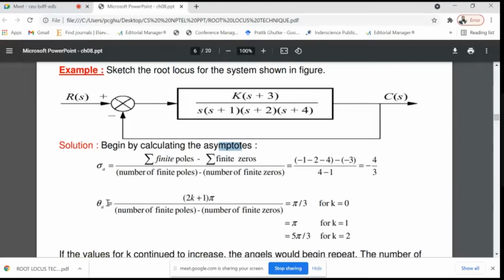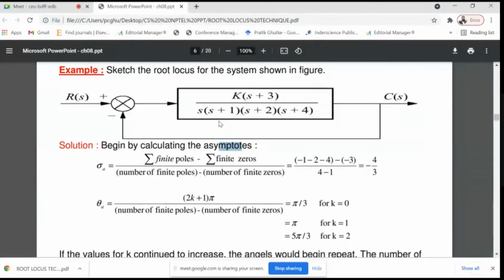How many angles of asymptote will there be, how many thetas, how can we define that? p minus z: the number of poles minus the number of zeros, whatever value remains, that many angles of asymptote will be there. In this case I have 4 poles and 1 zero. So 4 minus 1 is 3.